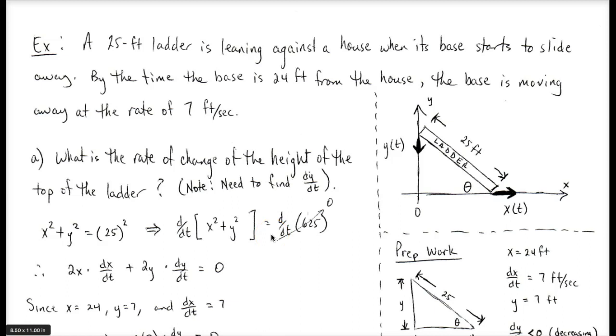All right, so for our next example, we have a 25-foot ladder that's leaning against the house when its base starts to slide away.